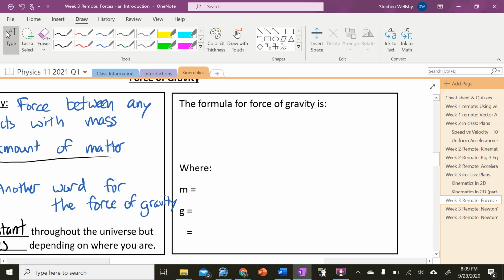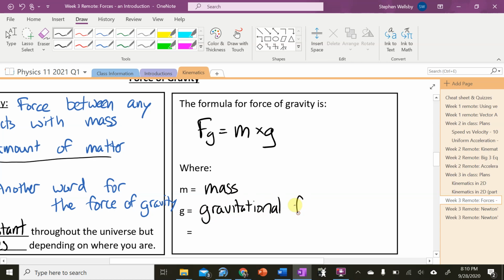You may remember this from an earlier year, but in case you don't, the formula for the force of gravity is Fg equals m times g. So m is our mass, and g is the gravitational field strength.